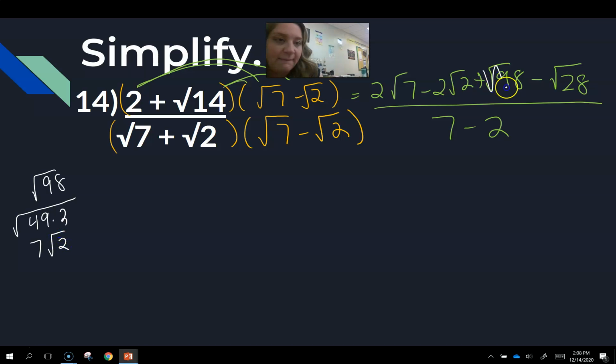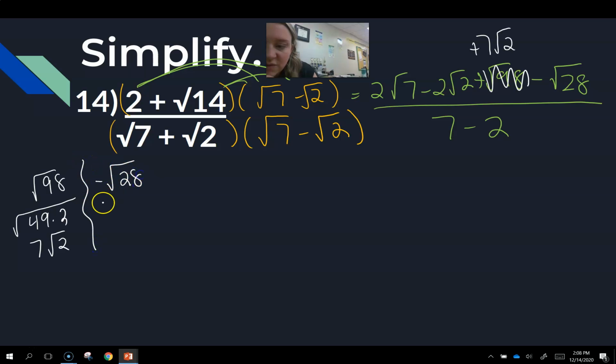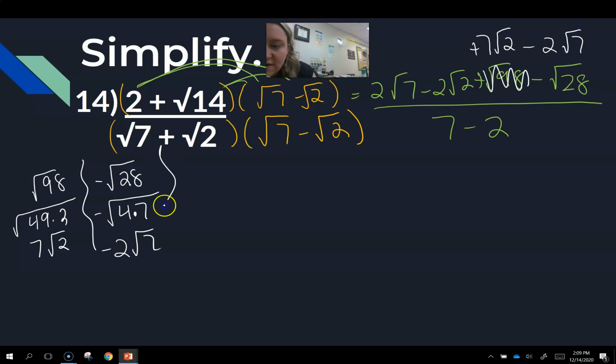So square root of 98 becomes positive 7 square root 2. All right, my other one, negative square root of 28. Well, that is 4 times 7. Square root of 4 is 2, so a 2 comes out. The minus sign was already there, so we're going to keep it there. Okay, so that was just some side work to simplify those radicals.